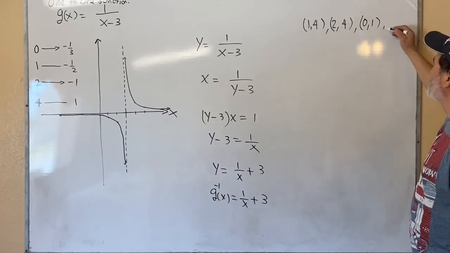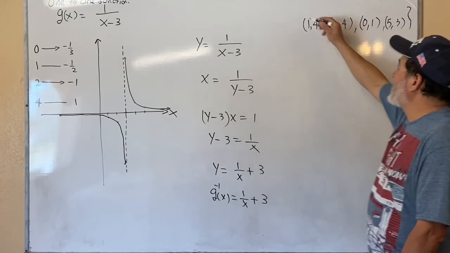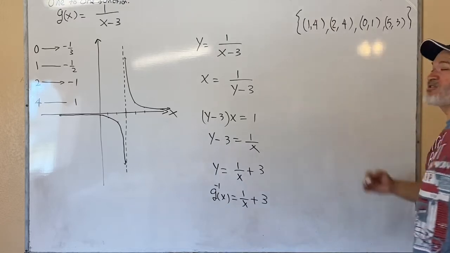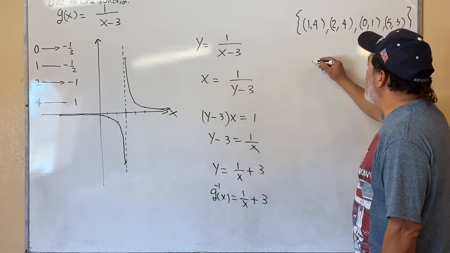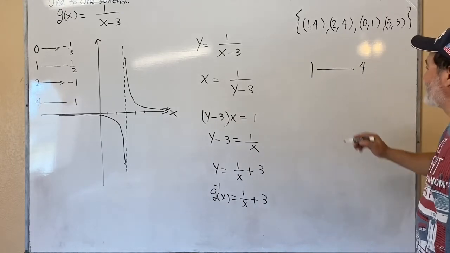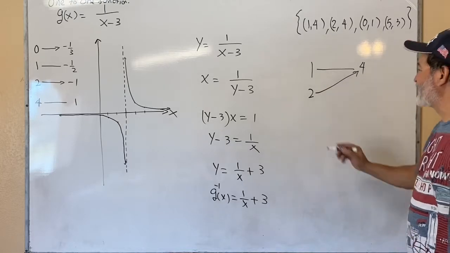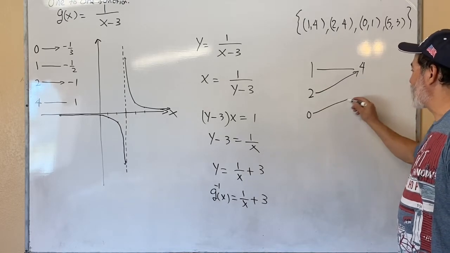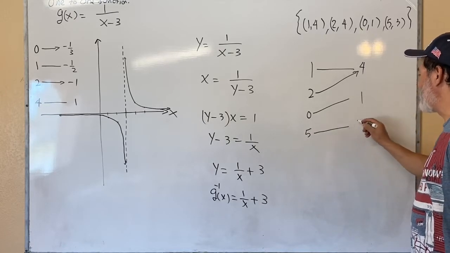This is a function, but it doesn't have an inverse. Here's why. 1 is paired with 4. 2 is paired with 4. 0 is paired with 1. 5 is paired with 3.